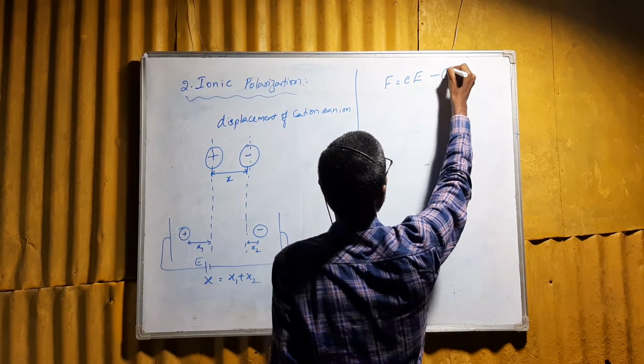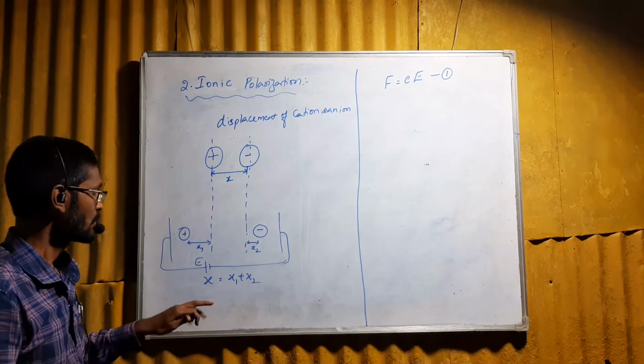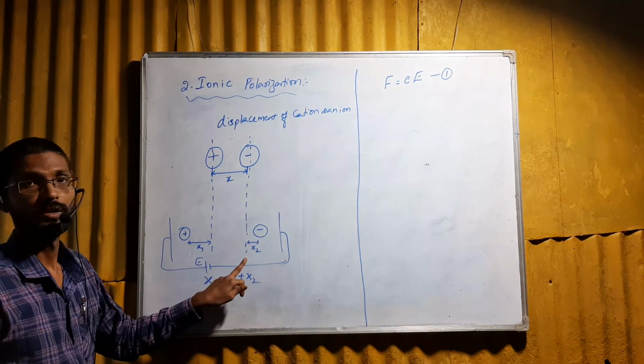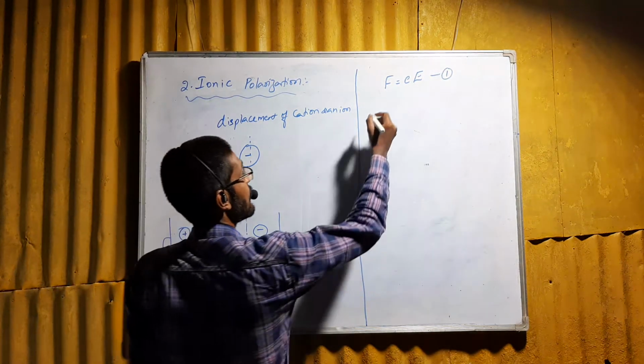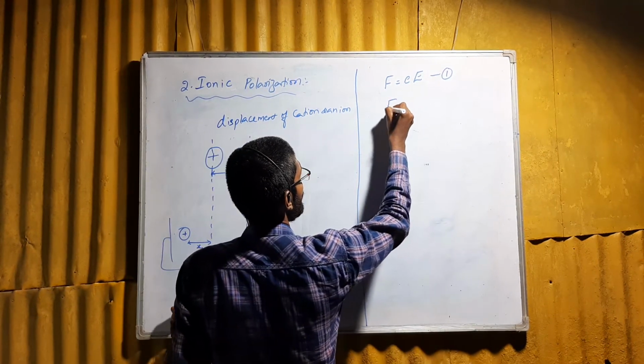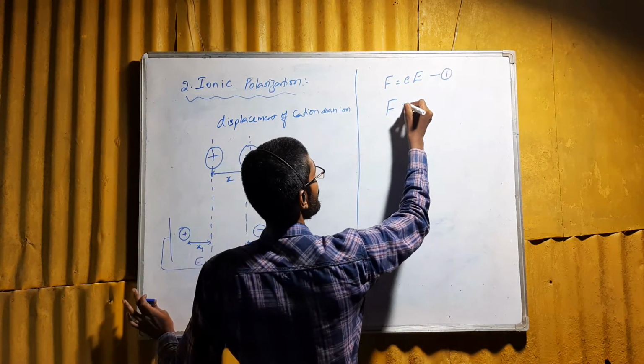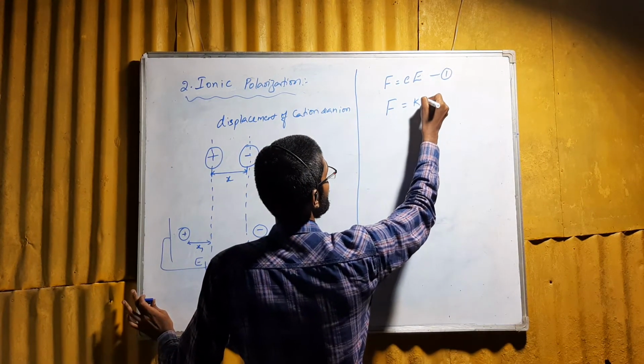Let us assume this is equation 1. When these two charges are displaced by distances x1 and x2, the restoring force acting on these charged particles can be given as F is equal to kx.